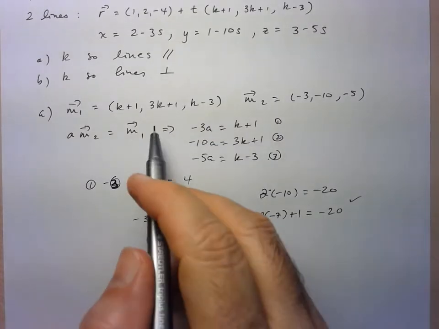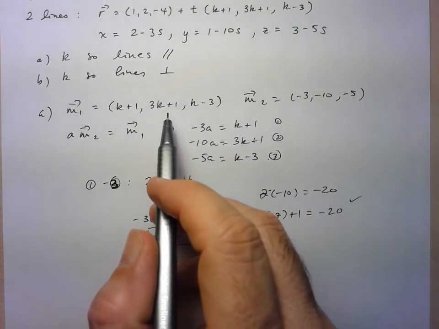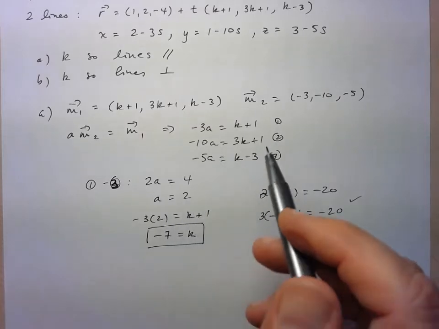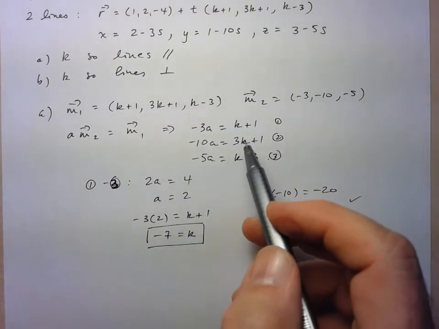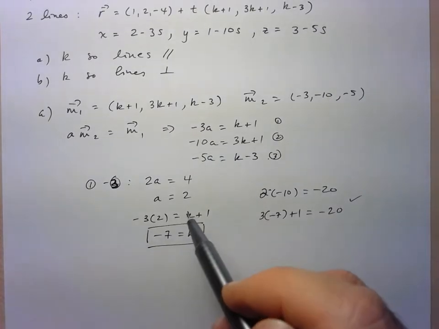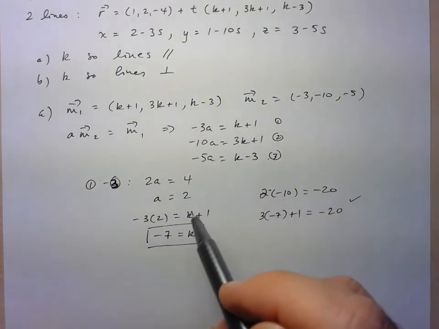Had this been 3k plus 2, this would not have worked out. It means that the k value that makes the first and third equal wasn't going to make the second one equal. So it's possible that there would have been no solution to this question.